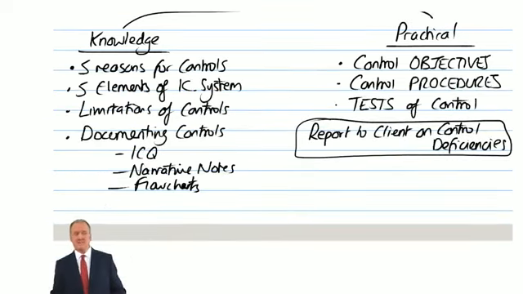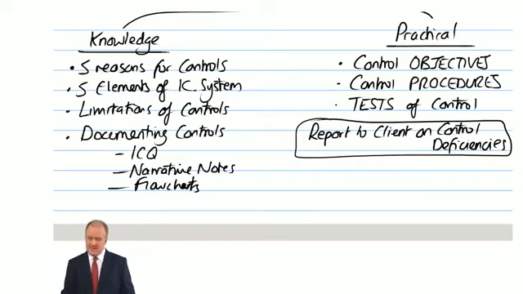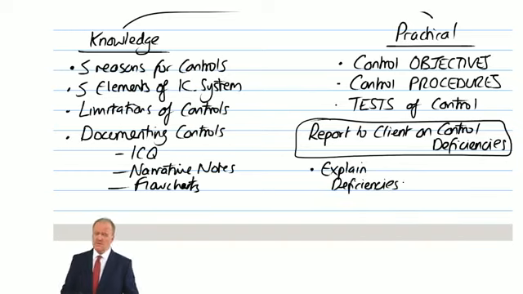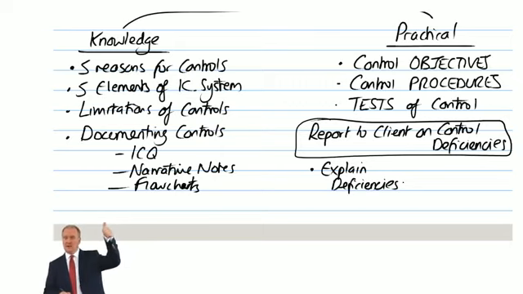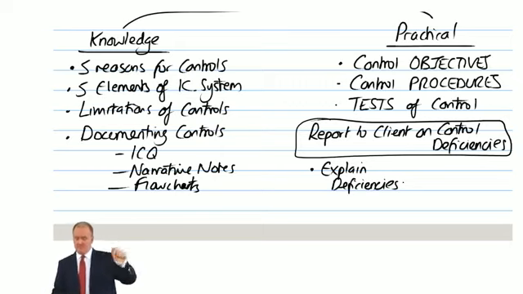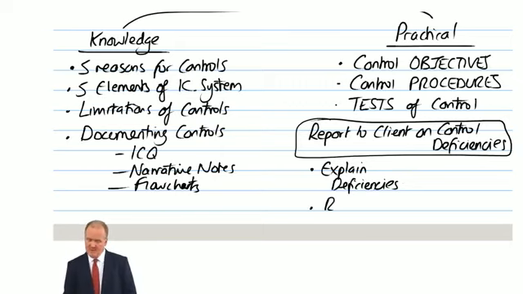And her favourite way of testing that at the moment seems to be you have to explain the deficiencies in their system, which means first of all you've got to find them by reading the story, and then you've got to explain them, and you've got to recommend improvements.